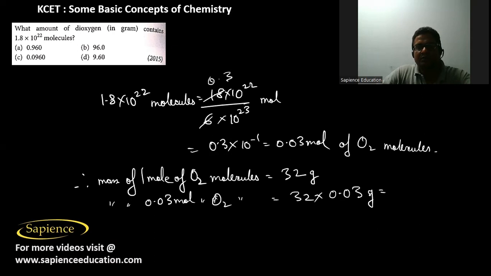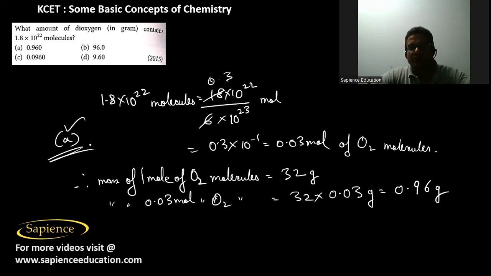So that will be equal to 0.96 gram. So it means that option A is the correct answer. So hope you have understood, and if you still have any doubt, please write to us in the comments.